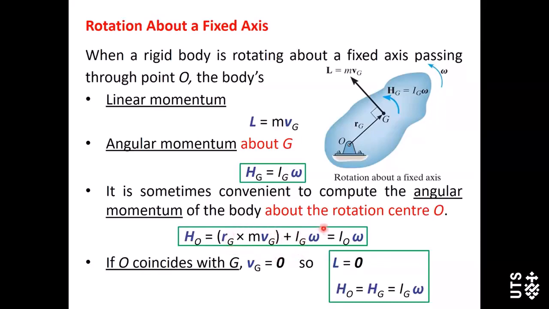One is Ig omega, and another item is mvg times the distance from G to O. We can rearrange this equation and apply the parallel axis theorem. So finally, we can get Io omega.